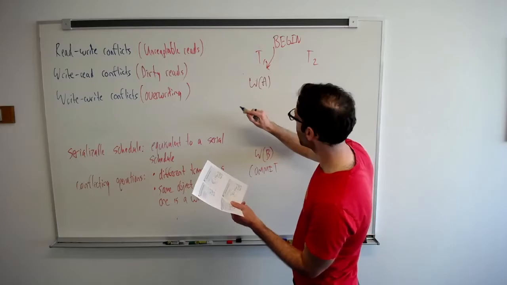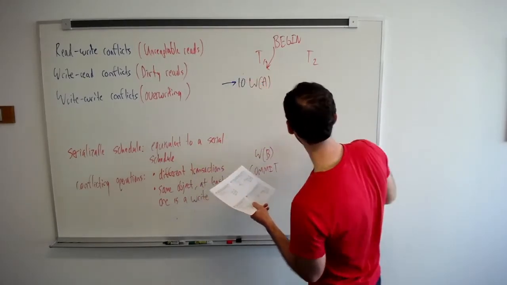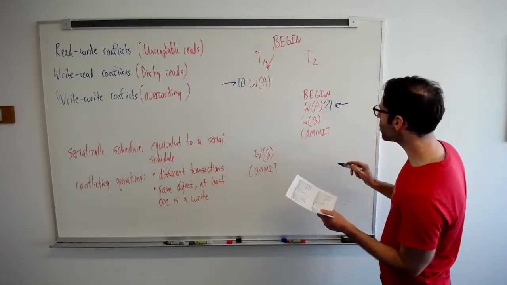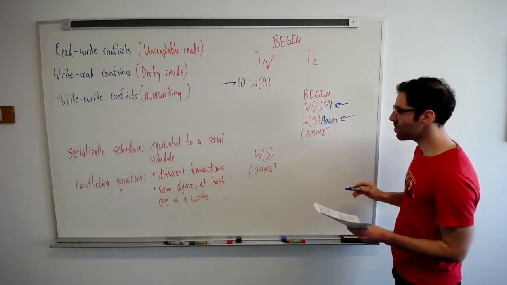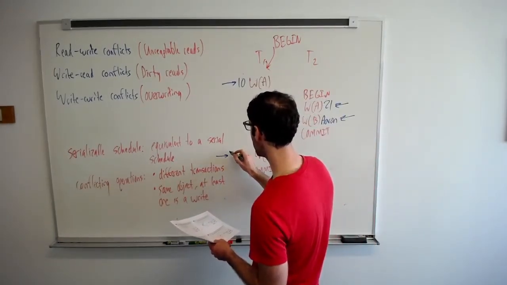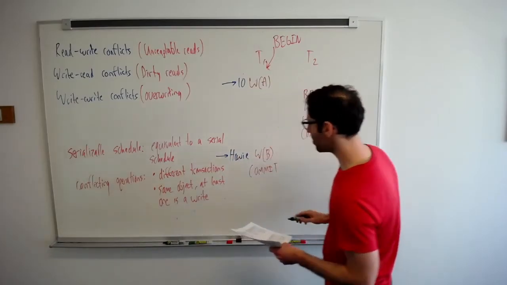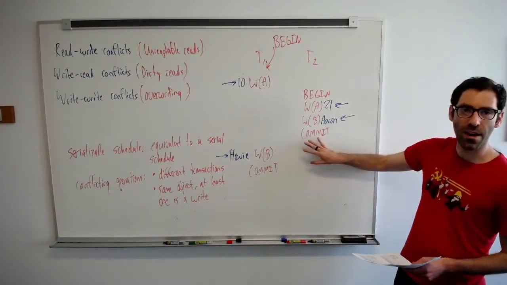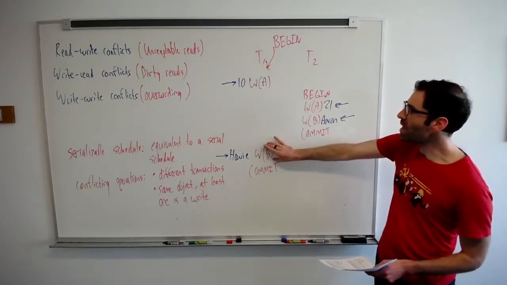Let's say that T1 wrote 10 to A, and then T2 wrote 21 to A, and it wrote Aaron to B, and then T1 wrote Howie to B. So when both of these have committed, we have the value of A from T2 and the value of B from T1.